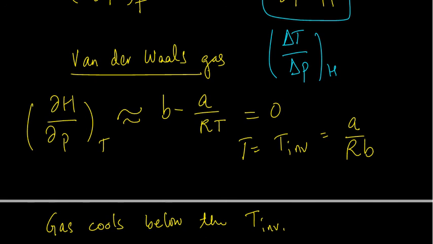Why? You said B. From the equation, right? If T is greater, B dominates, right? If B dominates, that means we are in the repulsive regime.